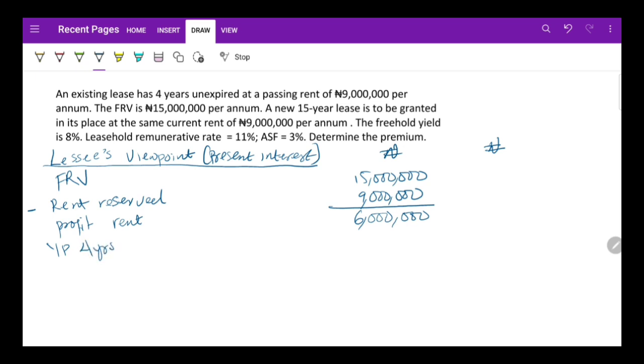Remember, we are doing for the present interest, so 4 years at 11% and 3%, and that gives us 2.8649. We capitalize that and we get 17,189,400, and that's the capital value.